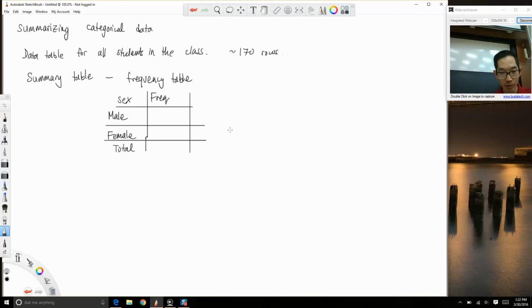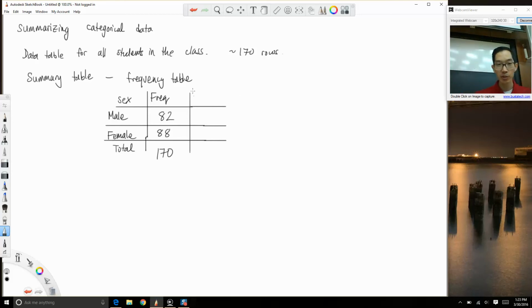I don't know, 82. If we have 170 total, this means we've got 88 over here. Now we no longer need all 170 rows. We can present the same information with just 2 rows, or 3 rows if you count the total row. So this is a summary table, and this presents the information that we want.